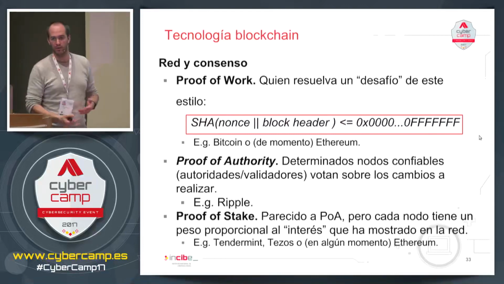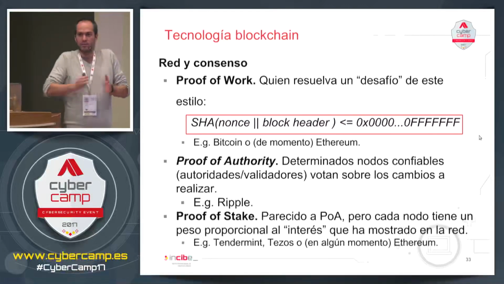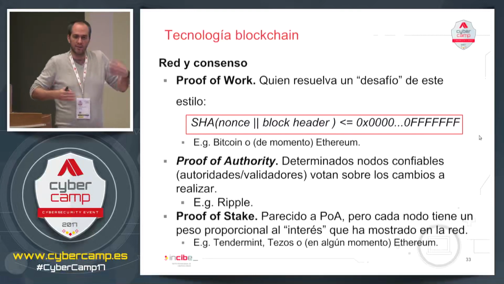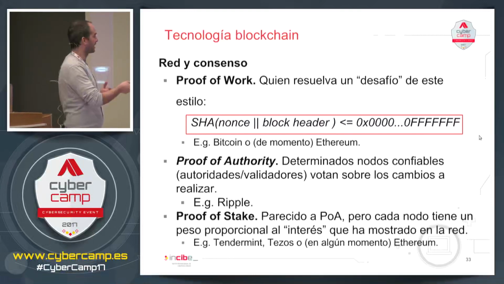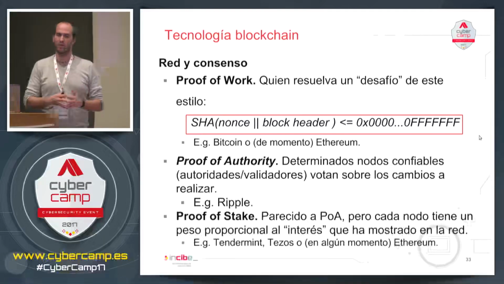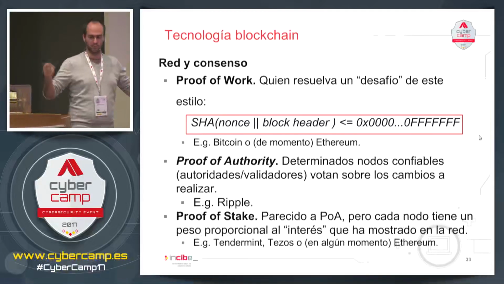And whoever finds that random number that meets those conditions has found a valid number. But you've got to find hashes that meet that condition.